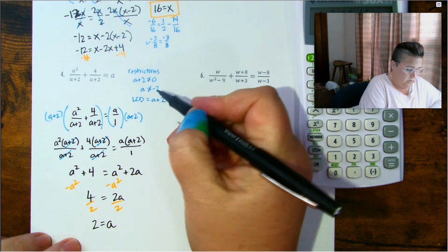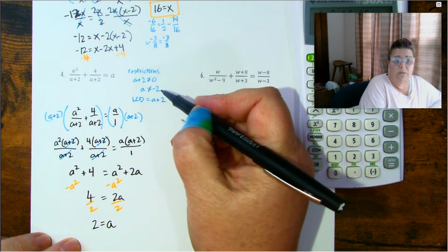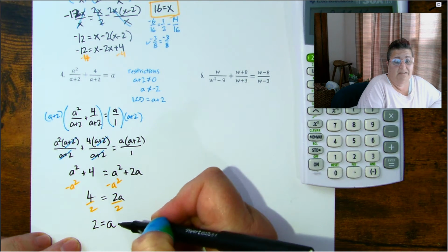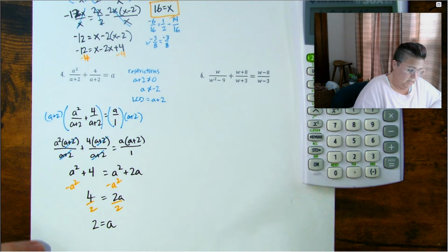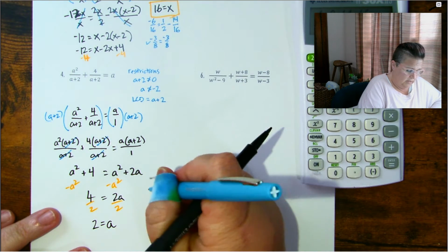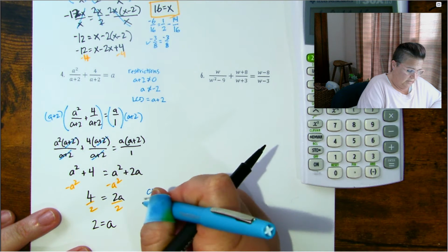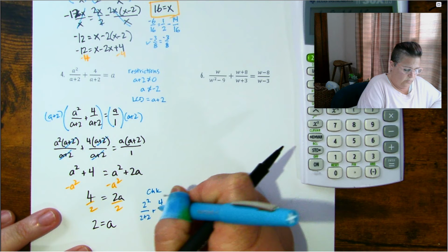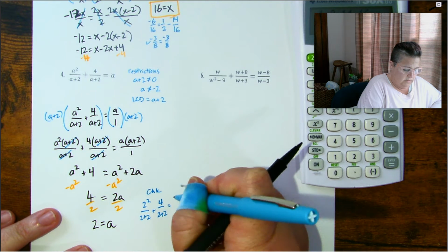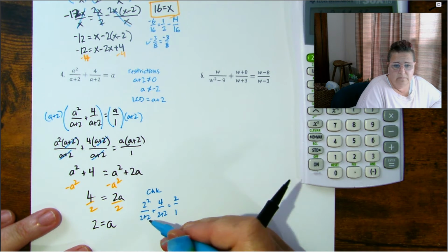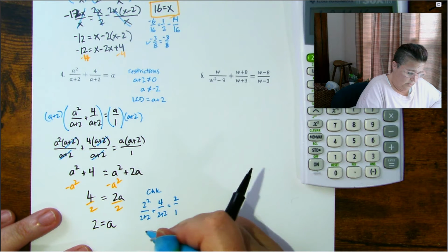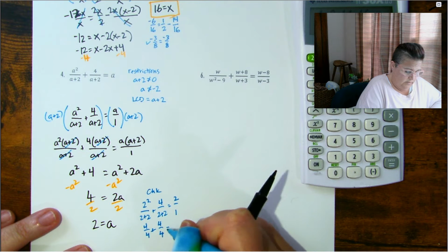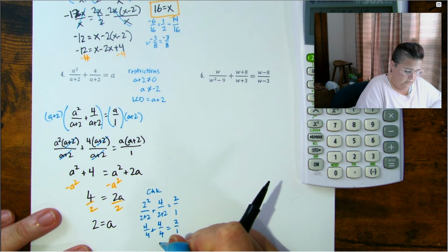My restriction was that a could not be negative 2. So that seems to be okay, right? A cannot be negative 2. I got a as a positive 2, so that's all right. And then I might want to check this. If I'm going to check it, it's going to be 2 squared over 2 plus 2 plus 4 over 2 plus 2 is equal to 2 over 1. 2 squared is 4 over 4 plus 4 over 4 is equal to 2, well, this is 2 is equal to 2.